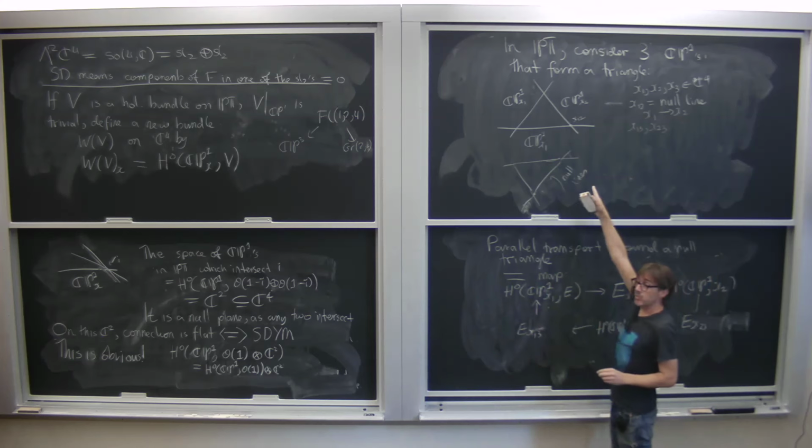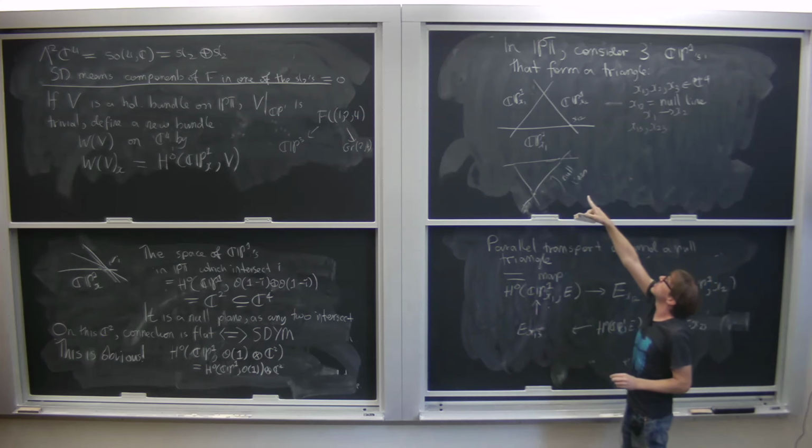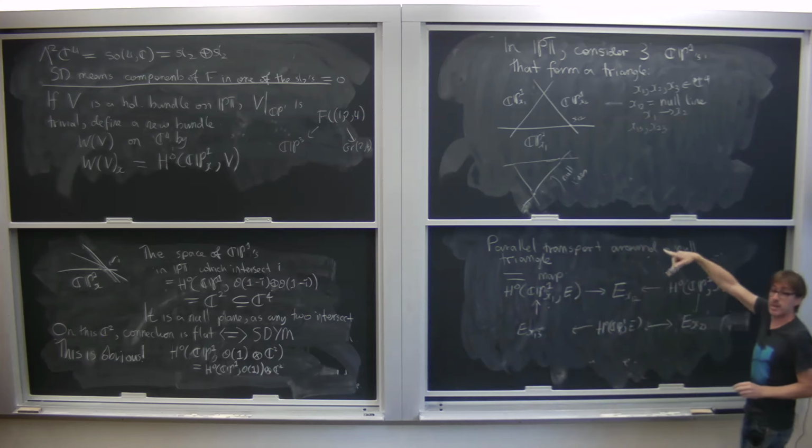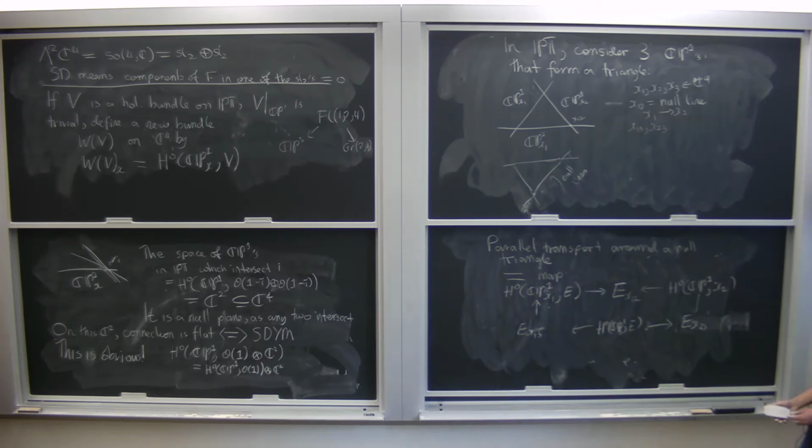So by using the isomorphisms between sections and the fibers, you can go around this triangle in a kind of algebraic parallel transport, and there's no particular reason that that's the identity. And in fact, it isn't. If you build a holomorphic bundle, you can compute this.